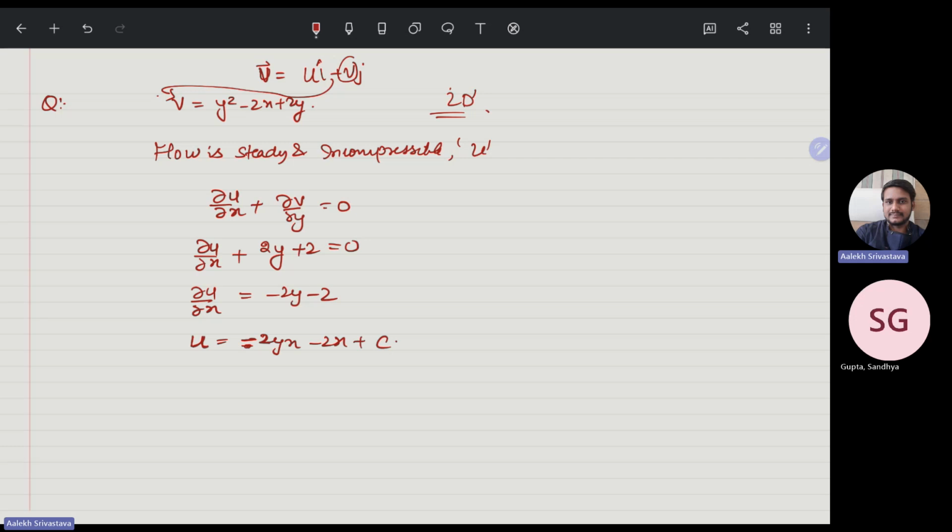So your complete velocity is minus 2yx minus 2x plus any function of y, into i cap, plus y square minus 2x plus 2y into j cap. So this is your complete velocity, if the question says it is incompressible.